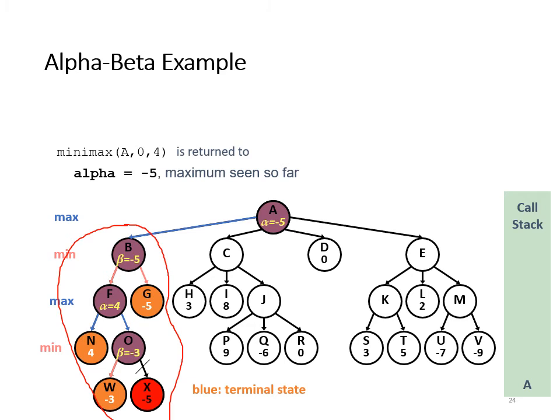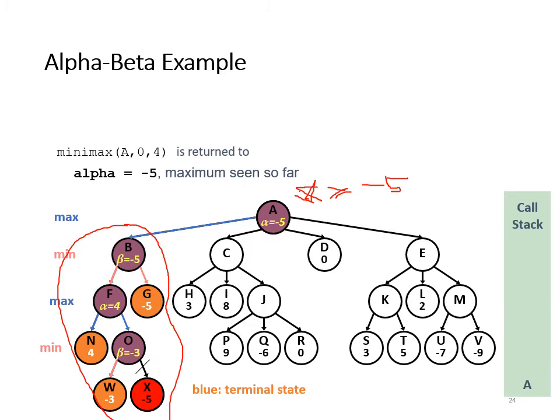Now this is the maximum value seen so far for A, but the A value should be greater than or equal to minus 5.